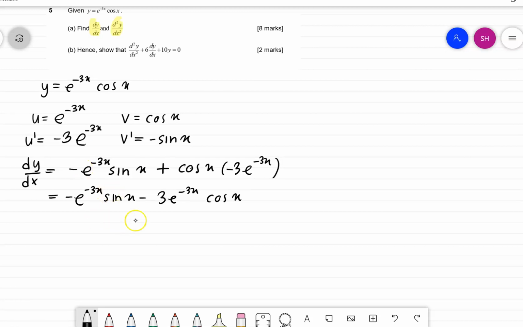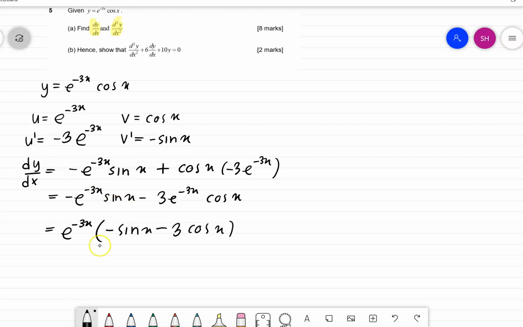And then simplify again. Notice that we have e to the negative 3x in the first term and the second term, so we can factor it out. So we get e to the negative 3x, open bracket, negative sin x, minus 3 cos x.